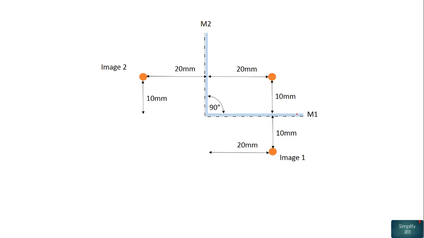Image 1 and image 2 will both form an image from M2 and M1 mirror respectively, and the image formed will overlap and it will be at a distance of 20 mm from mirror M2 and 10 mm from mirror M1.